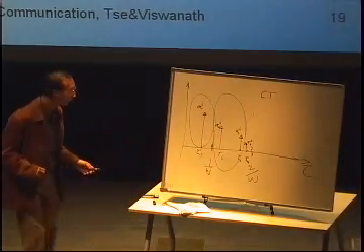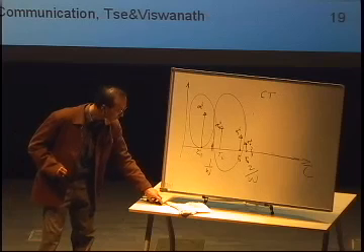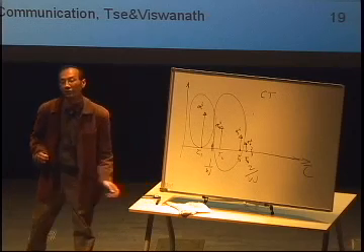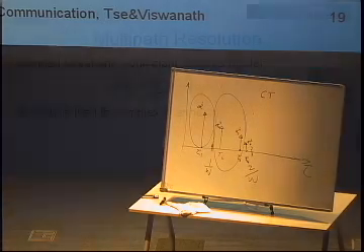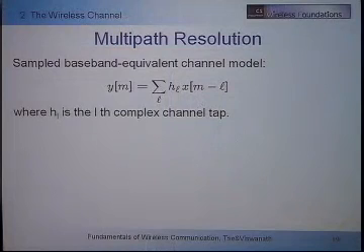So the bandwidth limitation means there's a limitation on how much I can resolve these multipaths in the delay dimension. Paths that arrive at slightly different times, much less than 1 over W, cannot be resolved. You can't figure it out because you have a limitation on your bandwidth. Bandwidth limitation means delay resolution limitation.